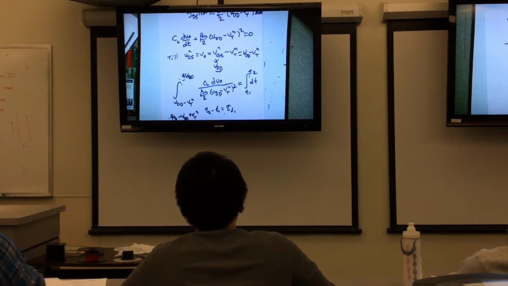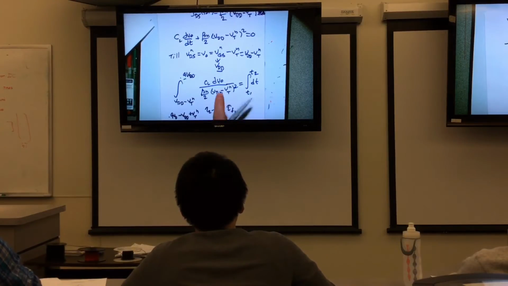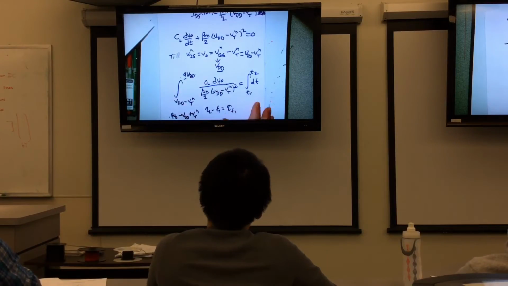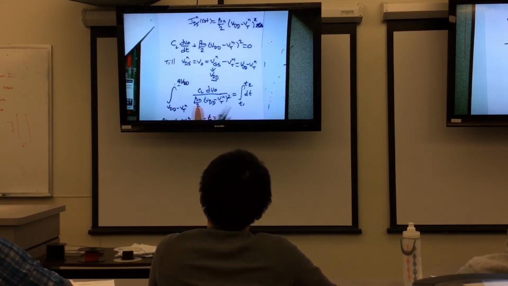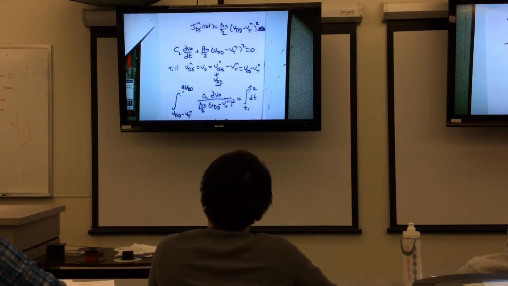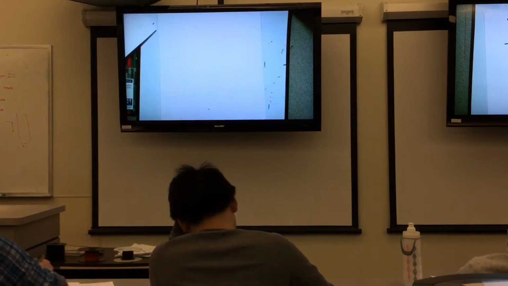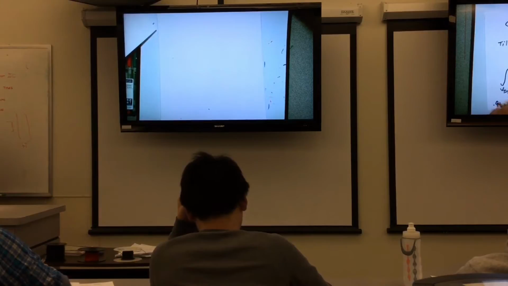So if we do this integral and integrate this dV out, stick this in, what do we get? We can bring all this stuff out in front. And there's a 2 in the denominator here, so we'll just move that up to the top.